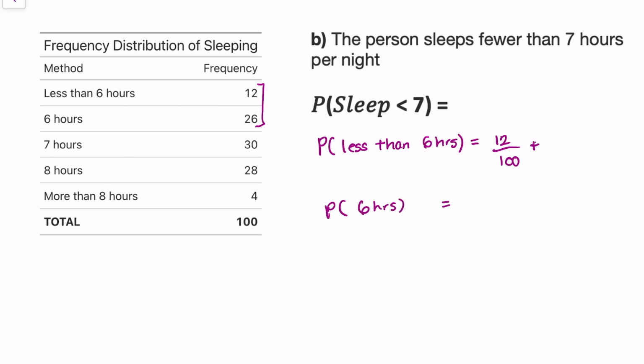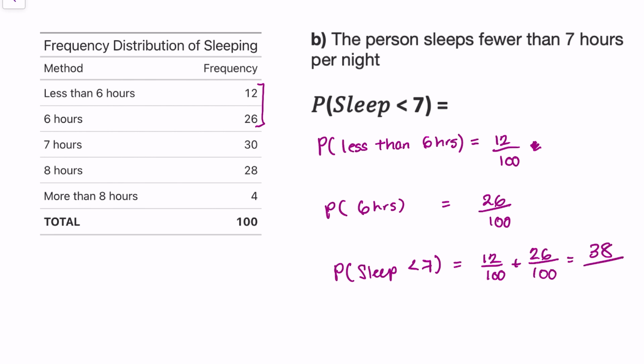So actually I'm going to erase that and then I'll add them. So that's 26 over 100. So eventually to find the probability that they sleep less than 7 hours, we would do 12 over 100 plus 26 over 100. And that's just 38.